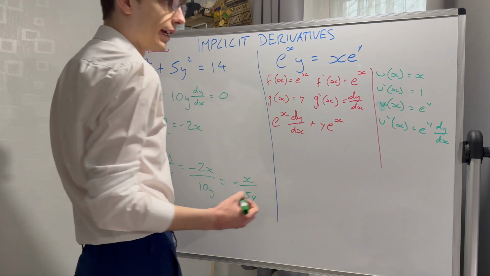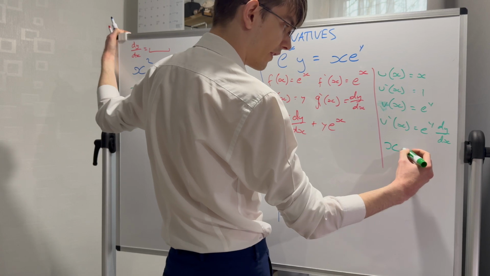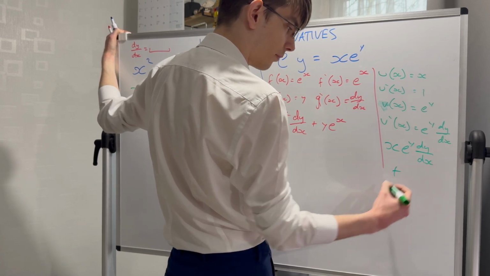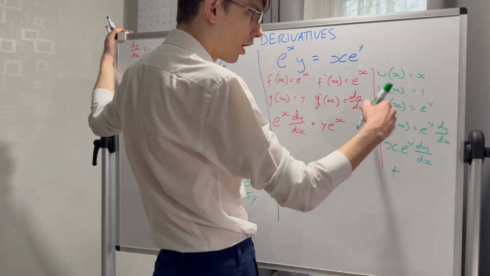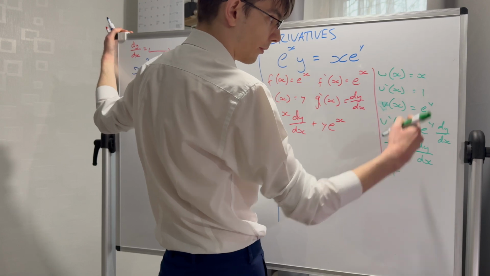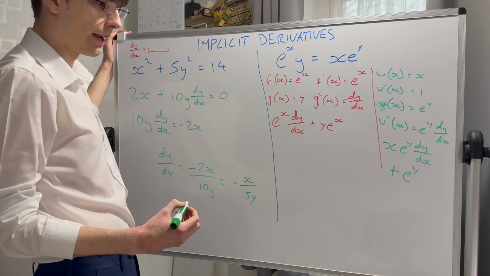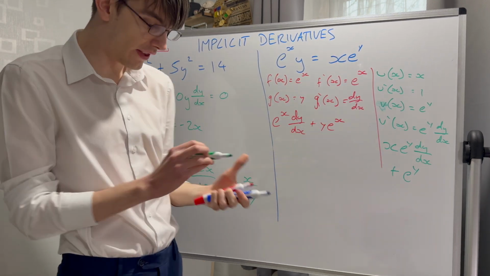So product rule here will be u of x, which is x, times v prime of x, which is e to the y dy by dx, plus u prime of x, which is 1, times v of x, which is e to the y. Okay, so we've got this is equal to this.